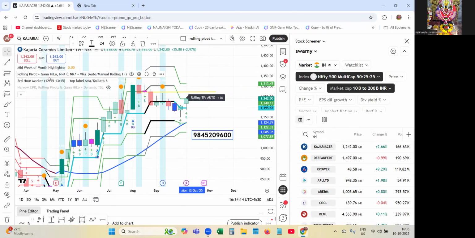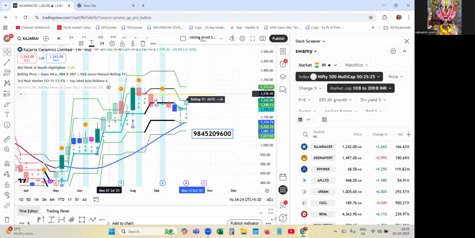One is rolling pivot. Many people have purchased this and they have got very good results from that. And I have applied this rolling pivot. These are the dynamic ones, they will give you dynamic supports and resistances.